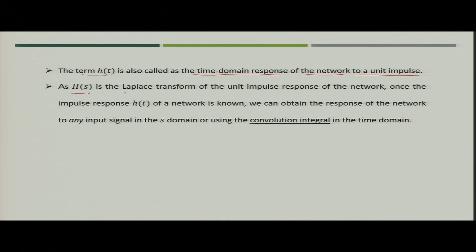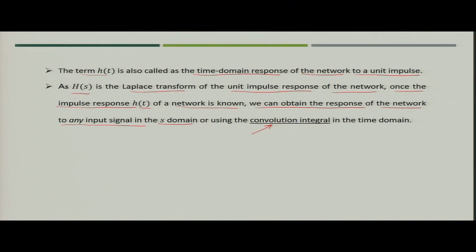Now, as H(s) is the Laplace transform of the unit impulse response of the network, once the impulse response h(t) of the network is known, that means we know the response of the circuit when a unit impulse input is provided, then we can obtain the response of the network to any input signal in the S domain using the convolution integral in the time domain or the corresponding S domain analysis.